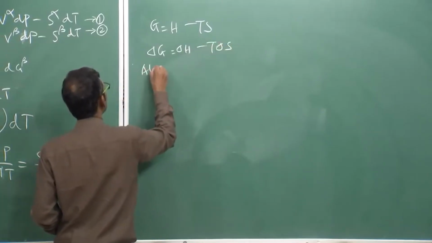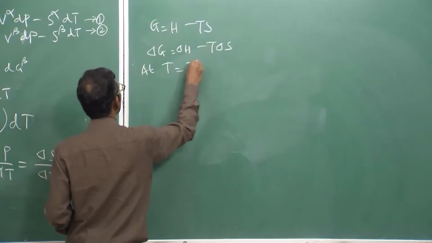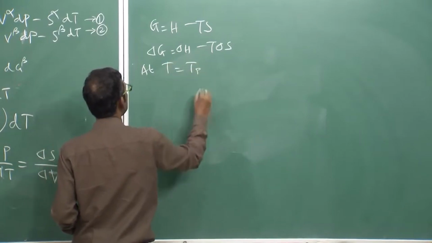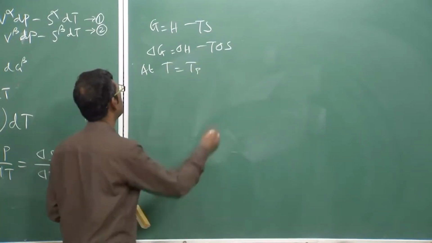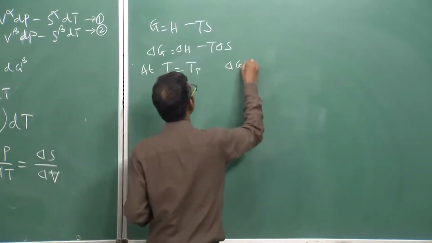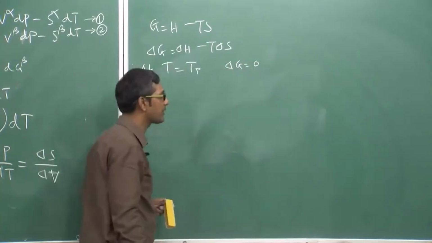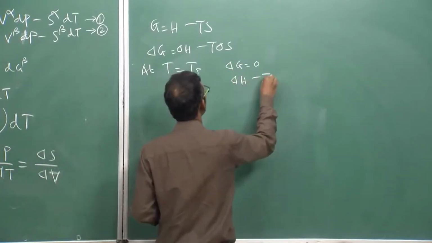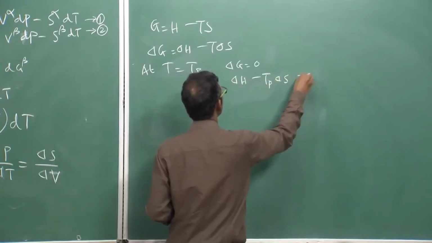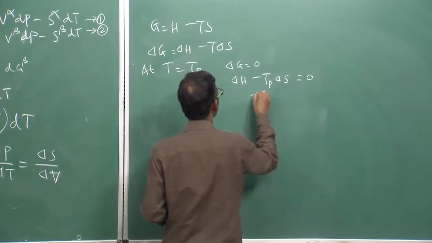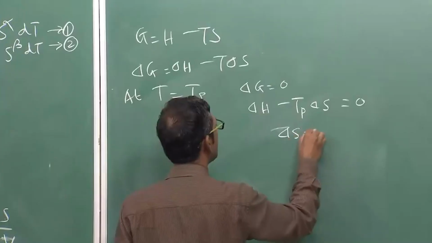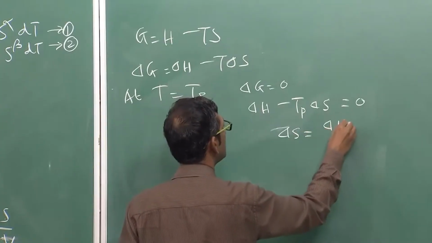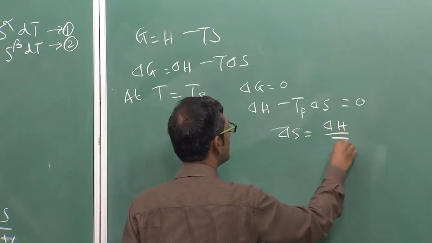At the transformation temperature, T equal to Tp, the transformation temperature, delta G must be 0 for any phase, otherwise it will not transform. So therefore I get delta H minus Tp delta S is equal to 0. So therefore I get delta S is nothing but delta H by Tp.